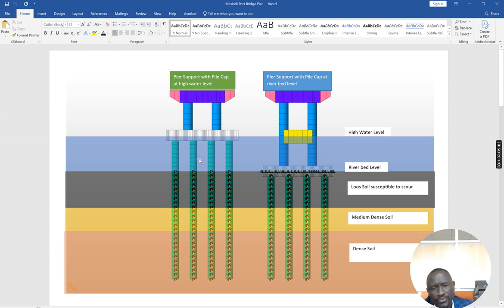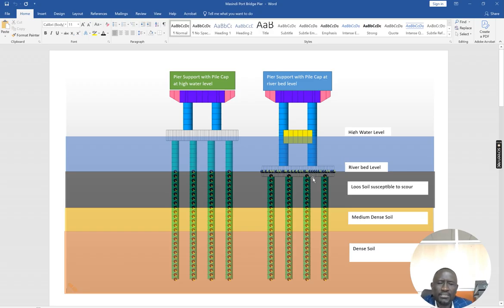So I had to extend this rock level up here. So there's already a bit of extra. This becomes longer than when it is here, but here becomes also longer when it is at this point. So with the pile cap at this point, the height of the column is shorter than when the pile cap is at the riverbed.